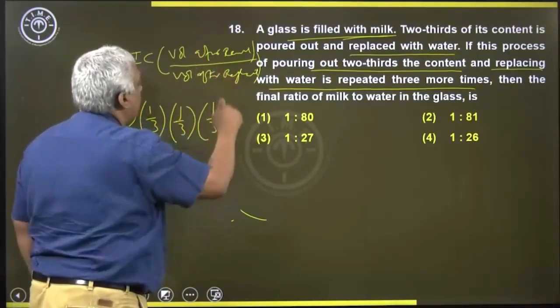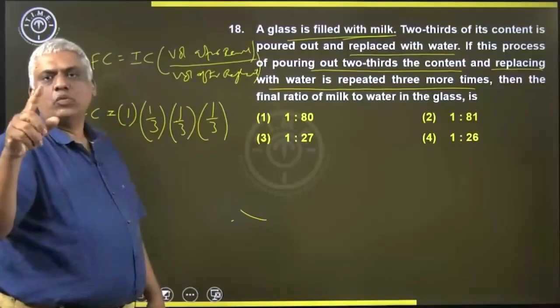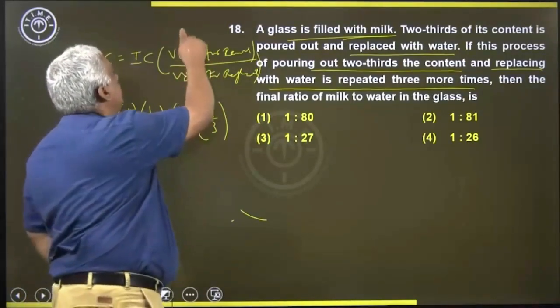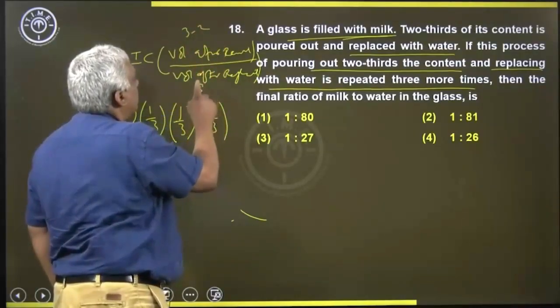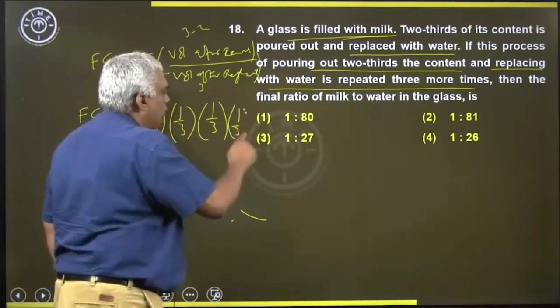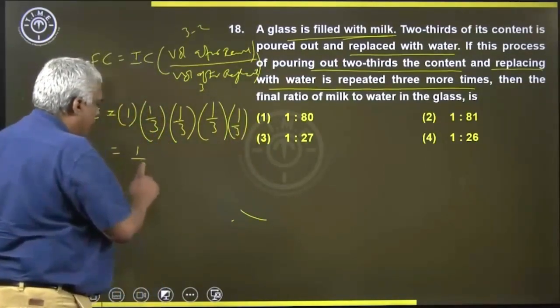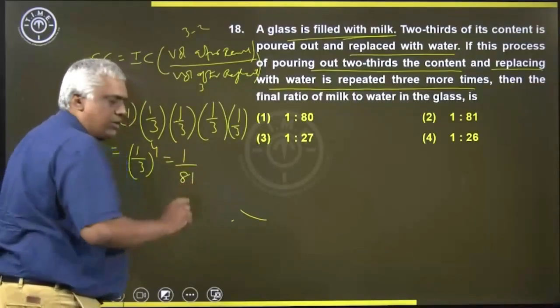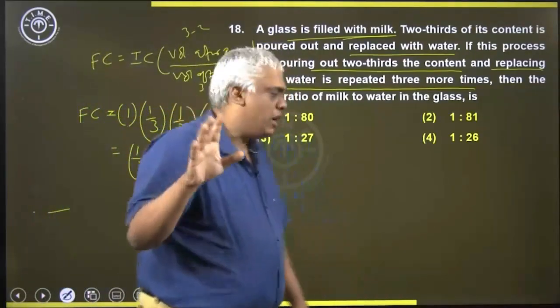So you can write 1/3 to the power 4 in one go. See, if the initial volume is 3, then 2/3 is 2. So you are replacing 2, so it will be 3 minus 2 by 3. Ultimately it will become 1/3, 4 times, or you can say 1/3 to the power 4. So the concentration will become 1 by 81. This is the milk concentration.